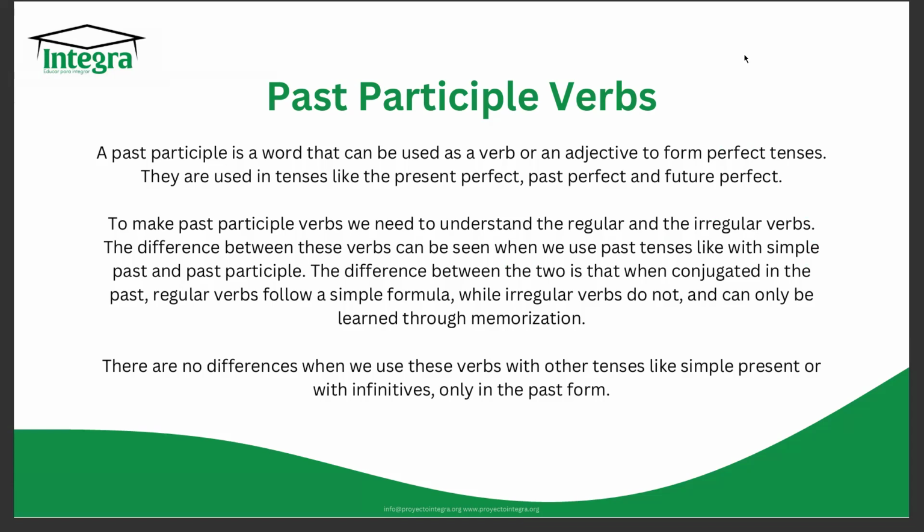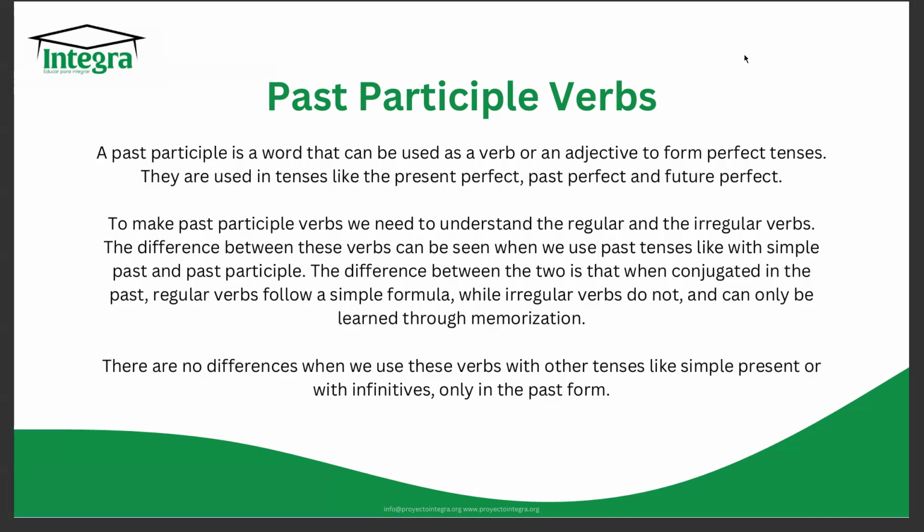To make past participle verbs, what we need to understand first is that there are regular and irregular verbs in English. And the difference between these verbs can be seen when we use past tenses. For example, with the past or the past participle, as we're seeing now, is when you can see a difference.